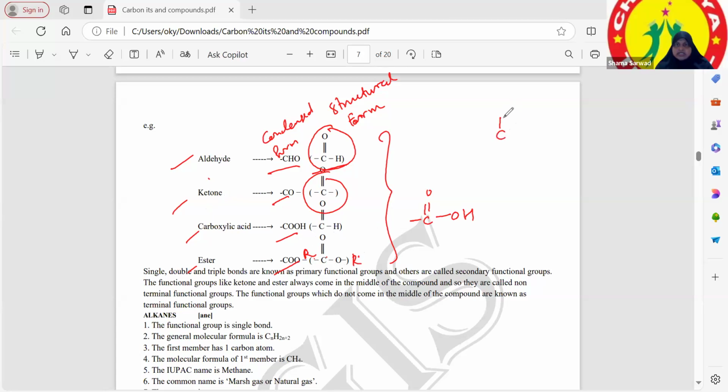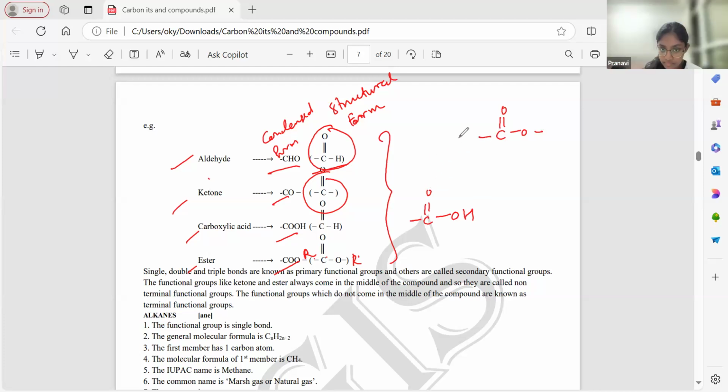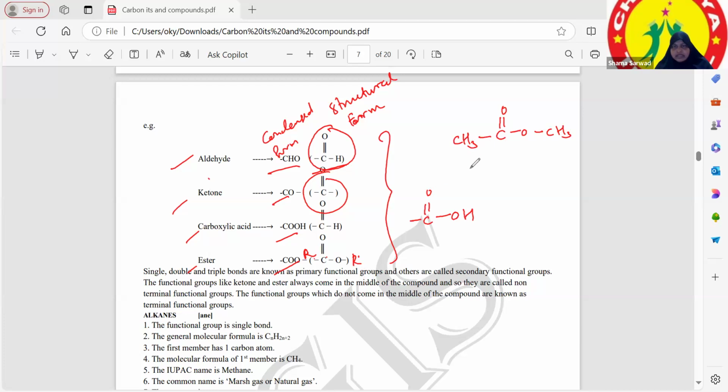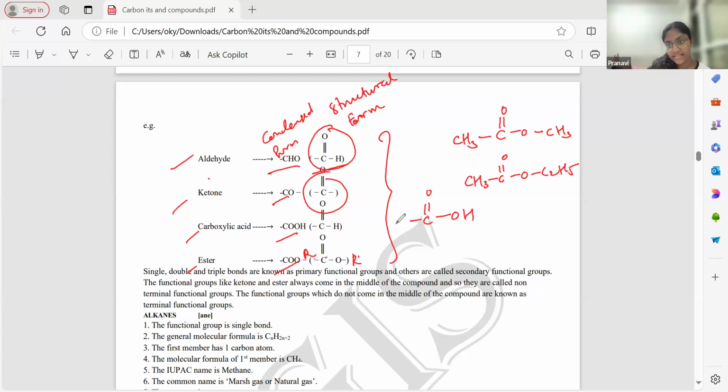So this is C double bond O and dash on both sides. CH3 group can be present this side and even this side as well. If I have to write a different group, I will do CH3, C double bond O, and I can write here C2H5, ethyl, instead of methyl. So many different esters can be present.